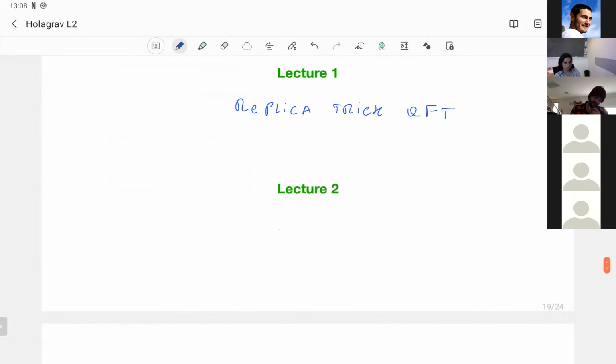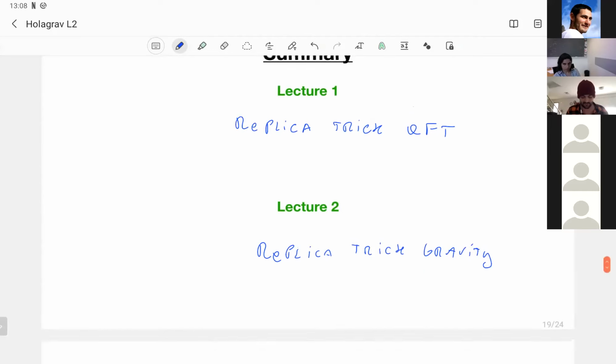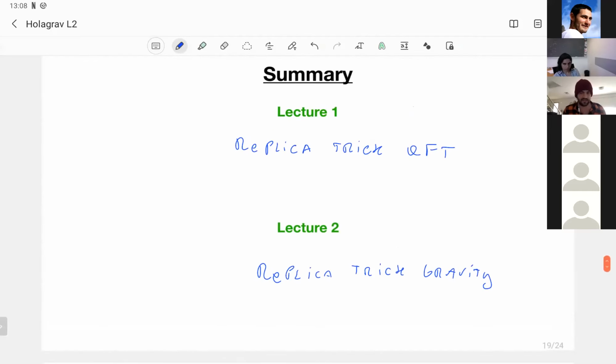And when you want gravity, the start will be again how to implement the replica trick in gravity. And we saw there is not just one way to do it. You can have many of them, but you have to use the saddle and compute on-shell actions in the end. And, well, nothing more. I don't have more time.